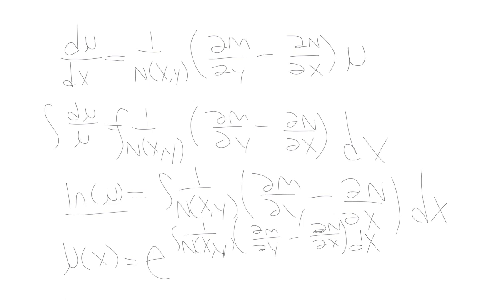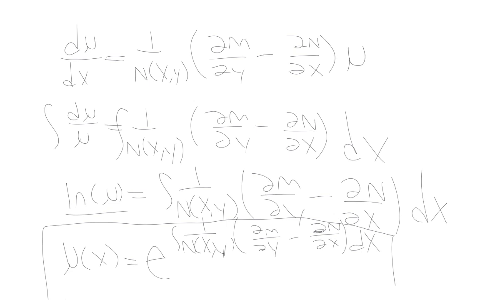Hopefully this isn't too sloppy for it to be legible, but I'll box it in right here. So here we have it, that the integrating factor mu of x is equal to this weird formula right here, and this has to be a single variable function of x.